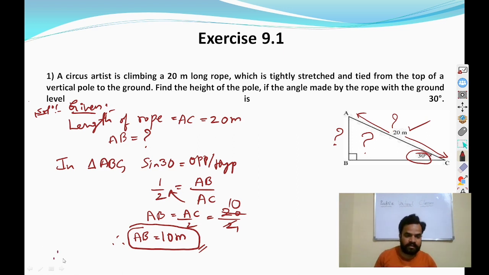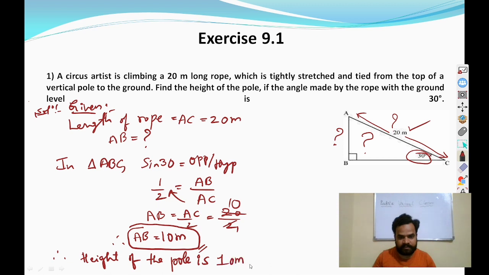Therefore, what they are asking, you need to write: height of the pole is 10 meter. This completes the solution.